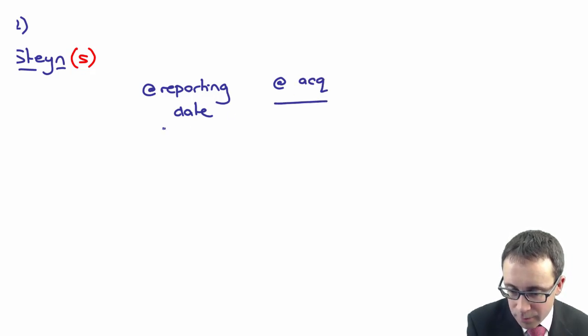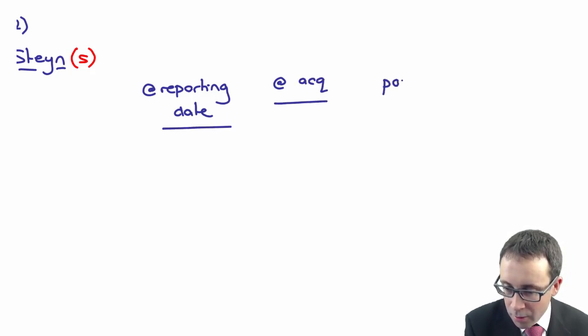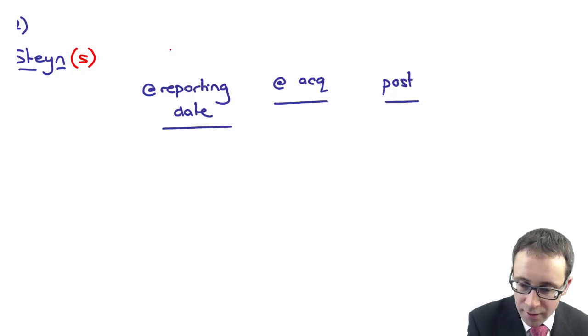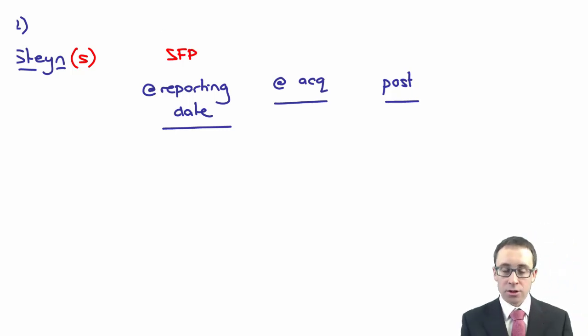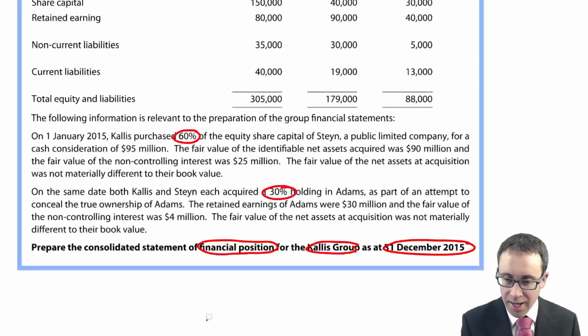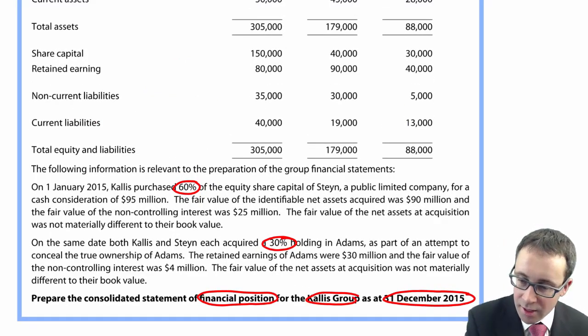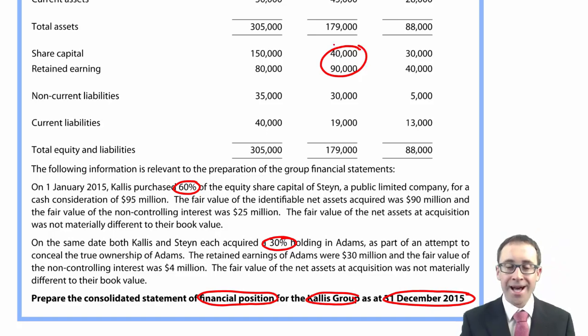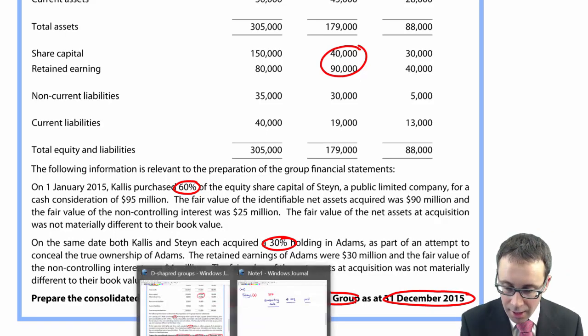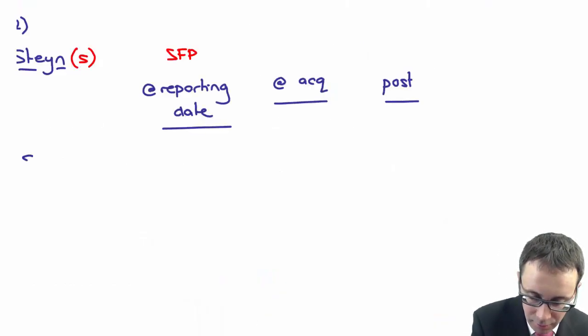At acquisition, and then your post-acquisition. Remember, the reporting date figures come from the statement of financial position, don't they? So what we have there in terms of the SFP of the sub, you can see we have 40 and 90, share capital and retained earnings.